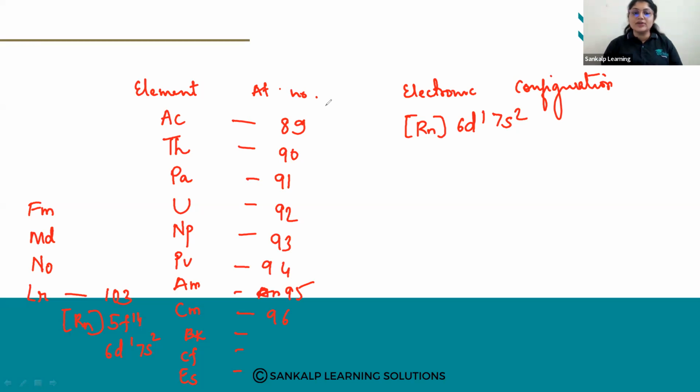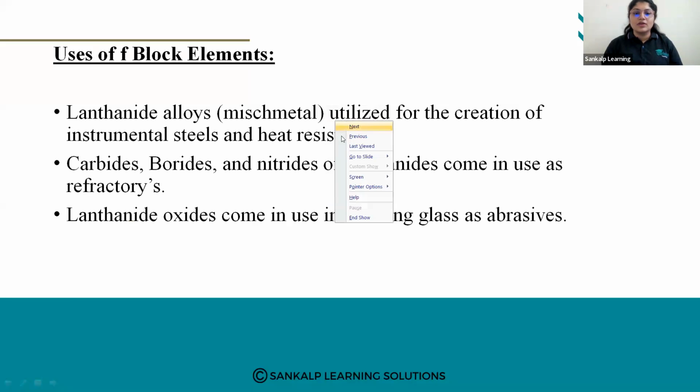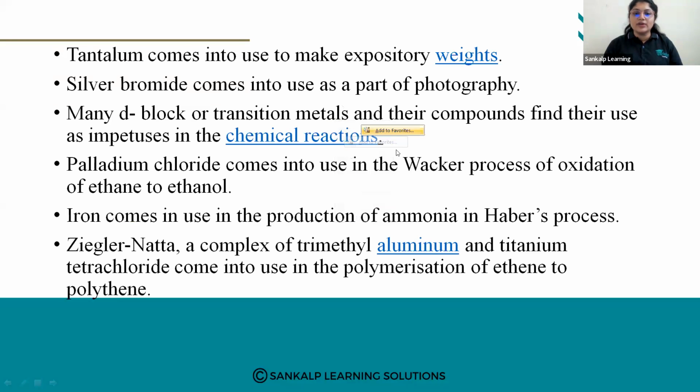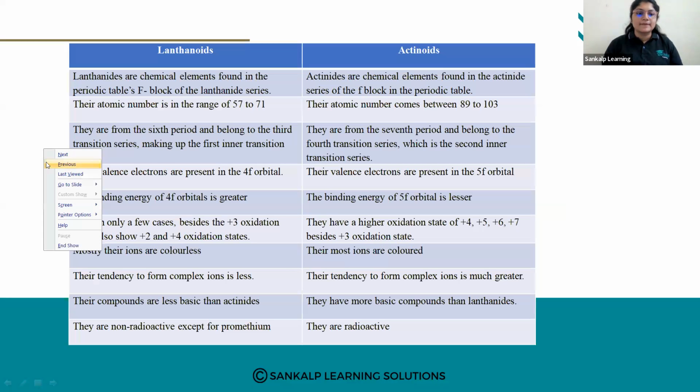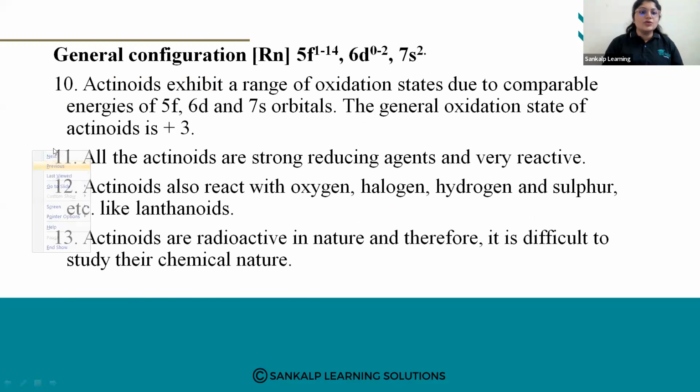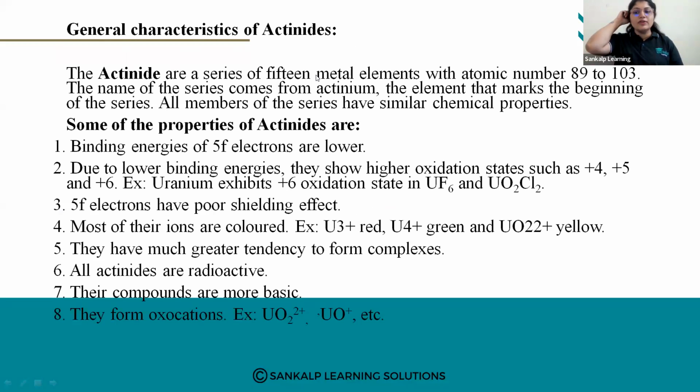What will be the general electronic configuration? The general electronic configuration of the actinoid series is radon 5f 1 to 14, 6d 0 to 1, and 7s2.